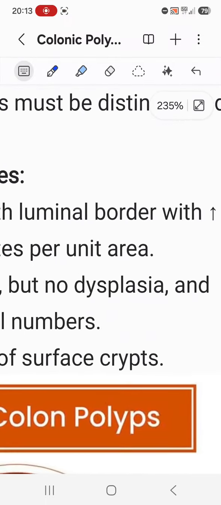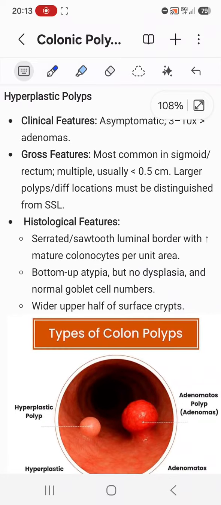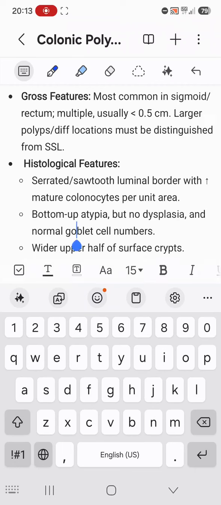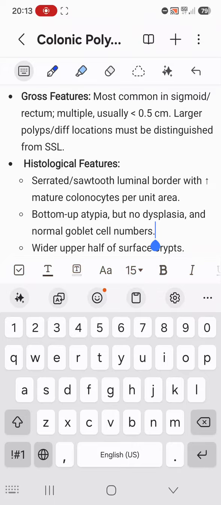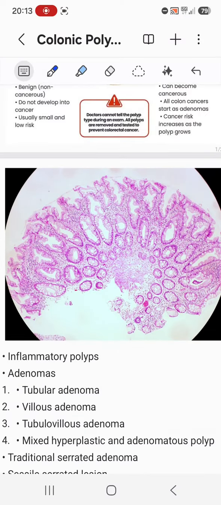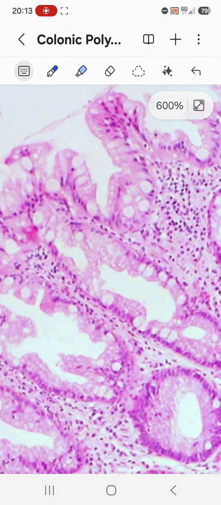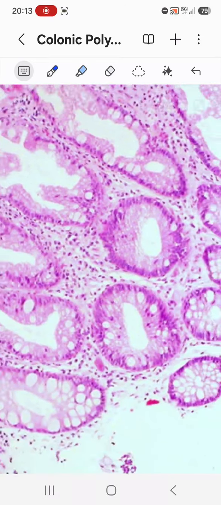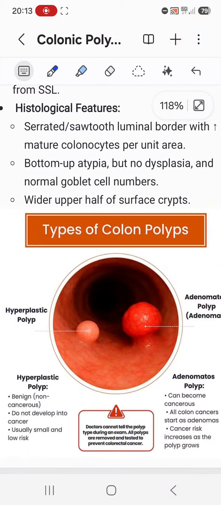There is no dysplasia, and also the number of the goblet cells and the absorptive enterocytes is normal. It is the same. So the association between those two does not really change, if you can see it well here.